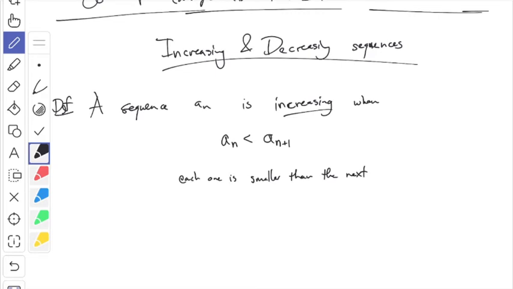This is one of my favorite things, by the way, when I hear people say things like this in the wrong way. Like, a bunch of people, all my students in my class, each one is nicer than the one before, right? Sometimes people say that to mean that they're all so nice. But sometimes I like when they say it wrong. They say, each one is nicer than the next.